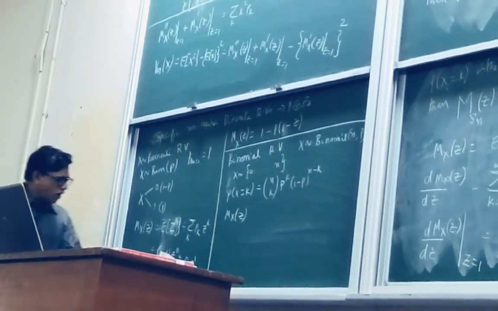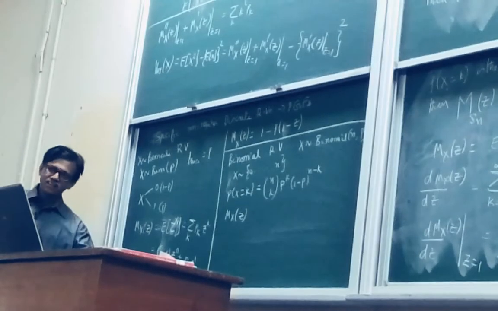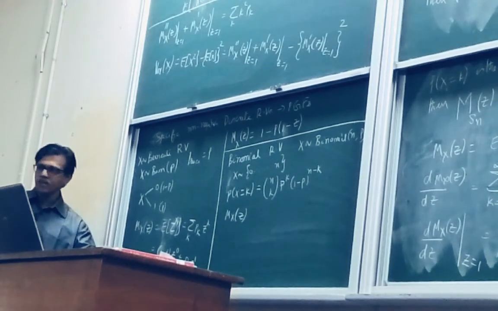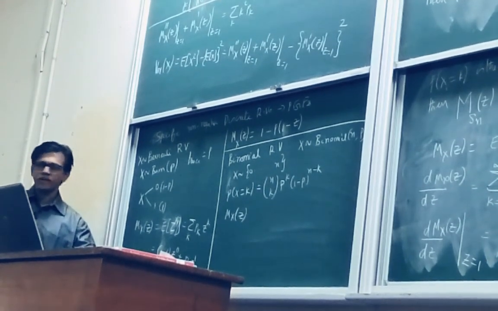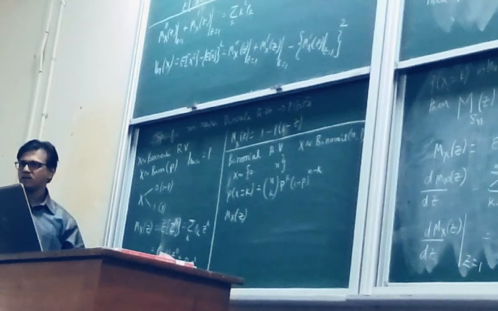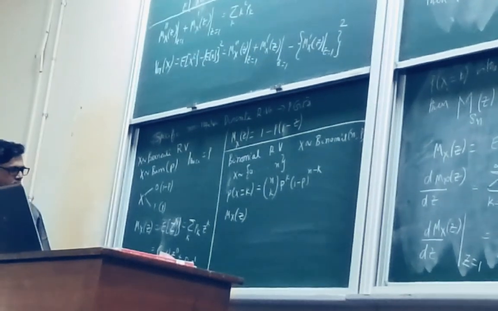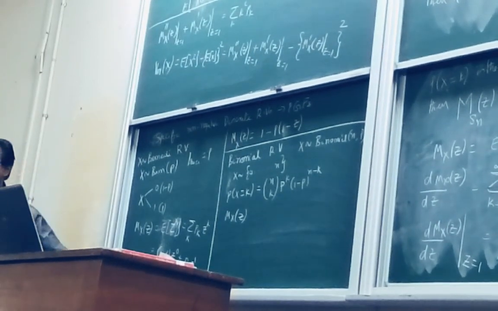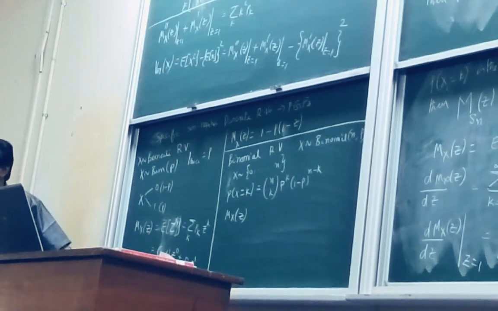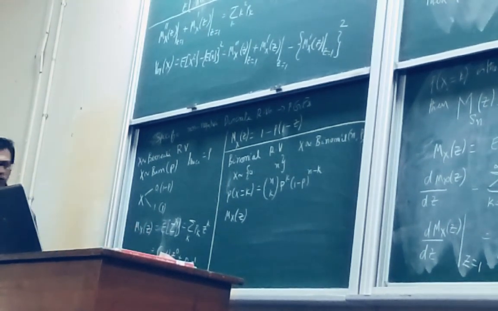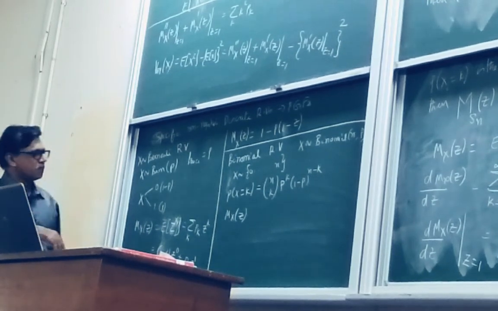If you differentiate once with respect to z, these terms go away, you get p, and then substituting z equal to 1 gives you p. That is the expectation of the Bernoulli random variable. The variance will be equal to pq for Bernoulli. That can also be found using this formula.